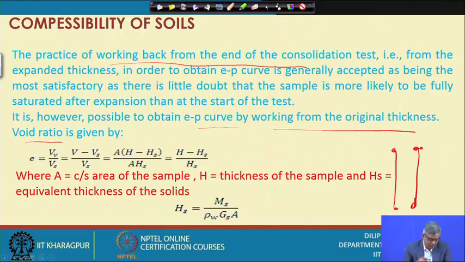So, to do that we have to do some calculation, and you can see this is the calculation of e. Actually, from the definition, e is Vv by Vs, and Vv is actually nothing but total volume minus Vs. And if I keep constant cross sectional area, then you can see, suppose the soil sample is something like this, and under pressure it is compressed, suppose like this.